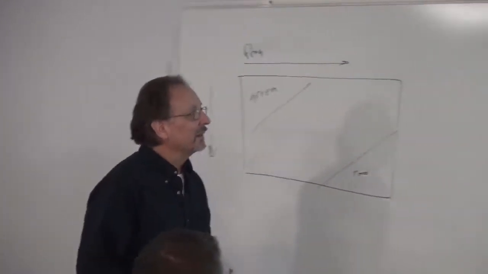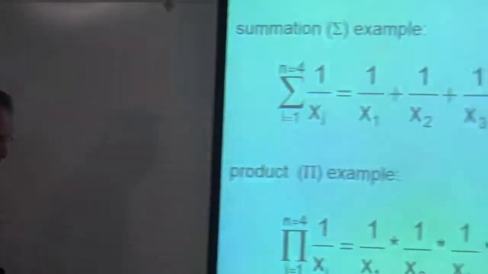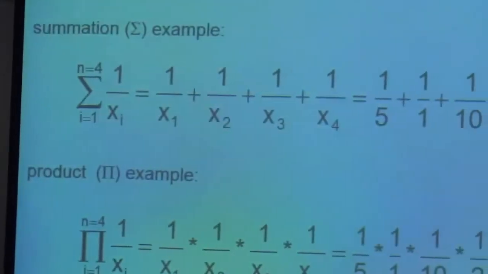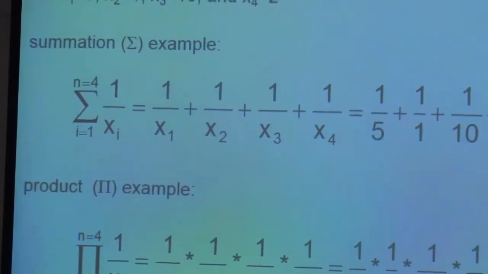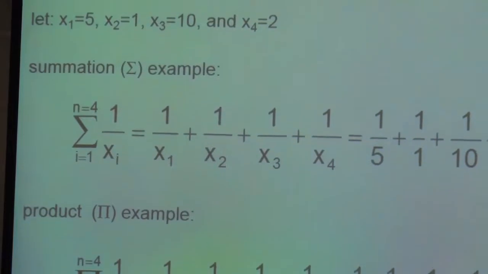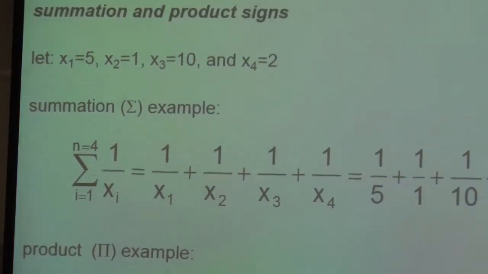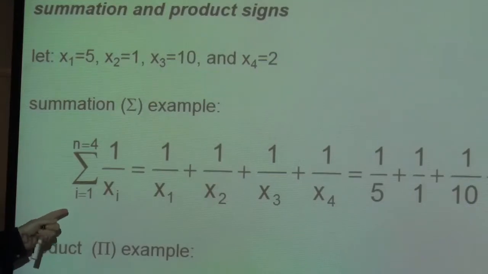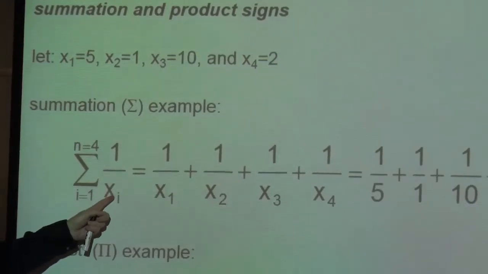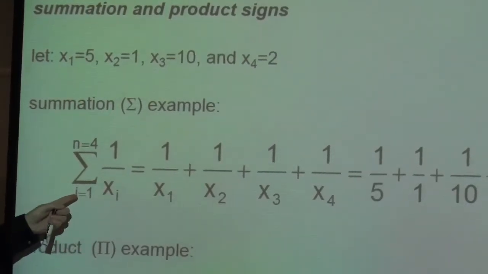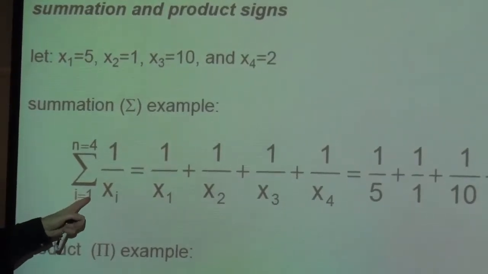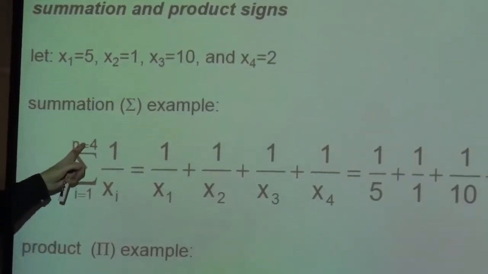Now, like I said, for some reason, summation and product signs seem to be a constant thorn in the side of everybody, so I thought I'd just briefly go over them again. Remember the summation sign. What you're doing is repeating the operation inside the sign from the lower range for i to the upper range of n.